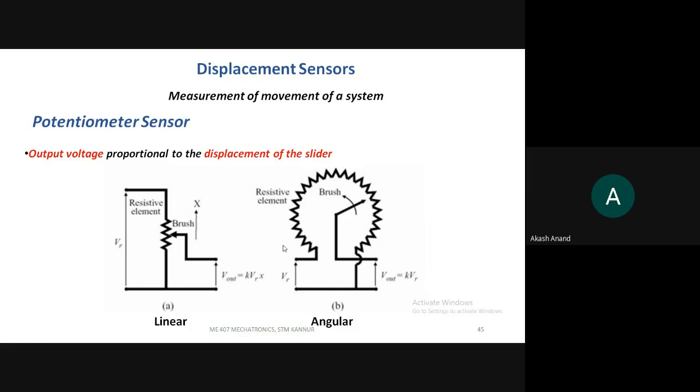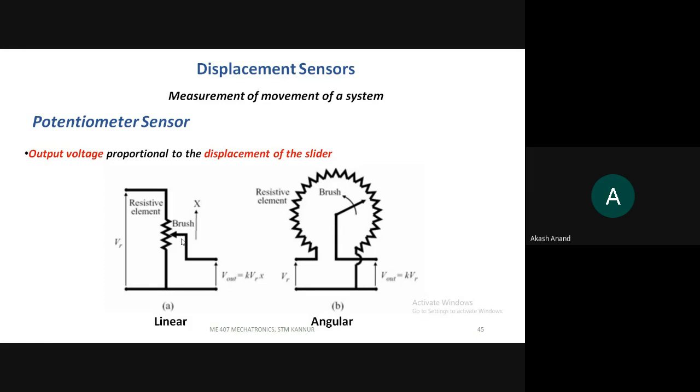So when we come to the potentiometer sensor, the working principle is written here, that is, output voltage is proportional to the displacement of the slider. The principle name is called variable resistance transduction.